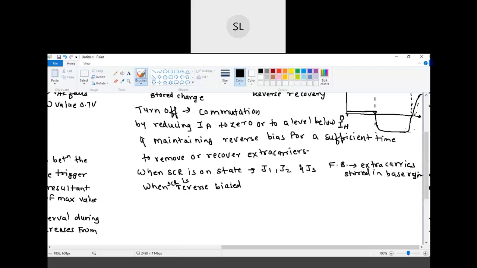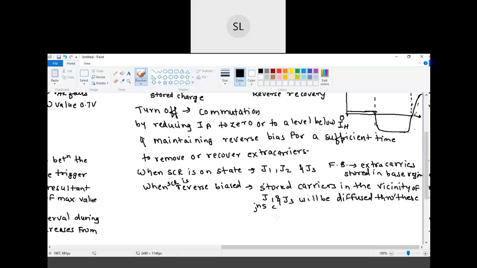Now when the SCR is reverse biased, the stored carriers in the vicinity of junctions J1 and J3 will diffuse through these junctions and contribute to the reverse current.